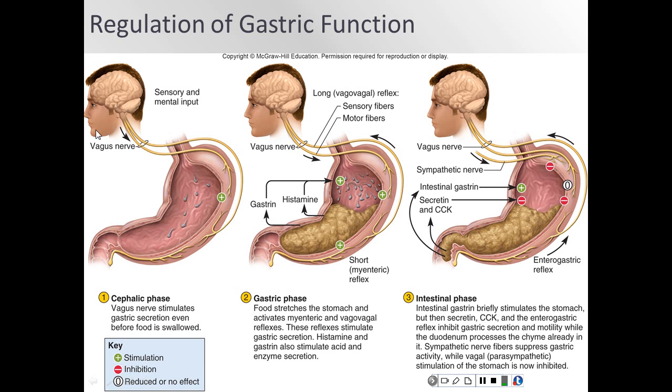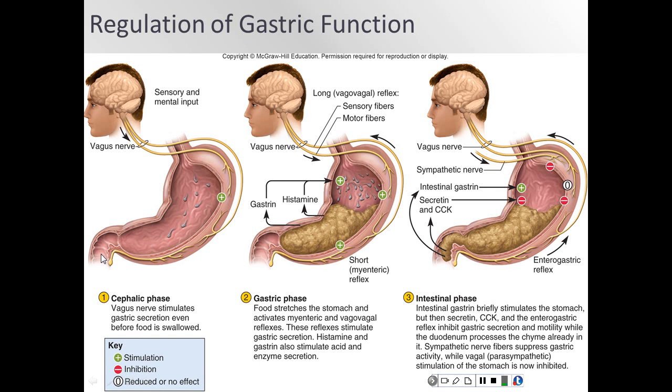So we're dealing with sensory input: smell, taste, touch, and thought. The information is conveyed to the hypothalamus, which relays it to the medulla oblongata. Then the vagus nerve stimulates the enteric nervous system of the stomach, where we'll have gastric secretions even before we start swallowing.